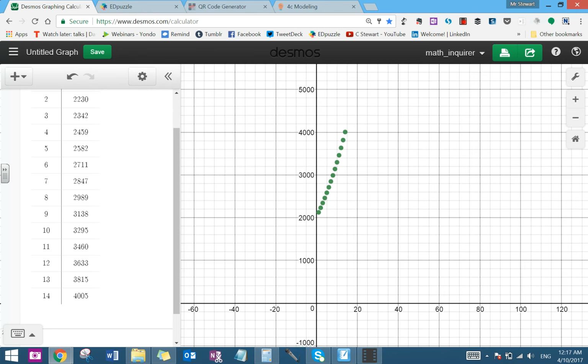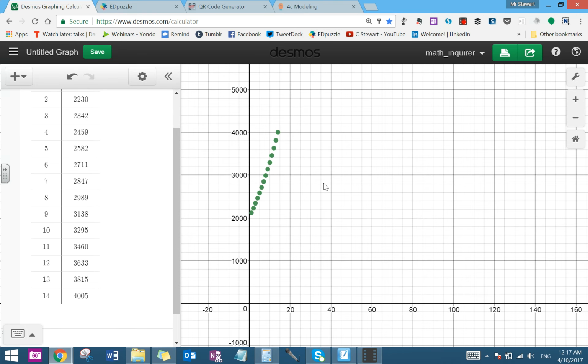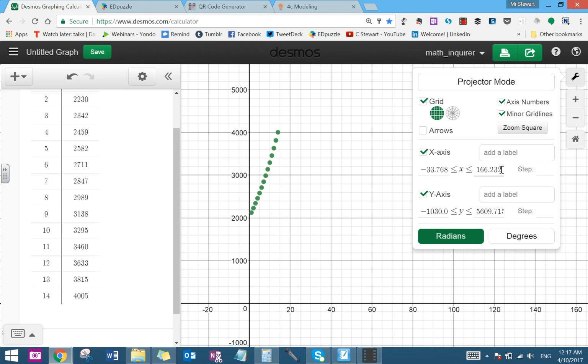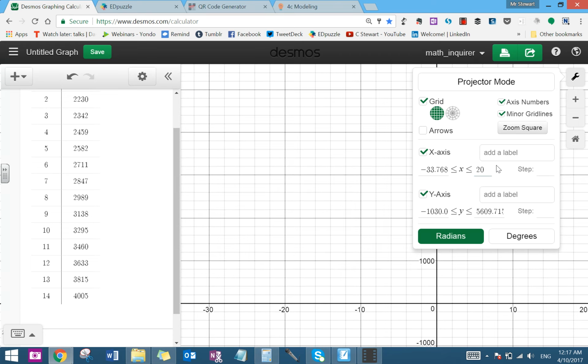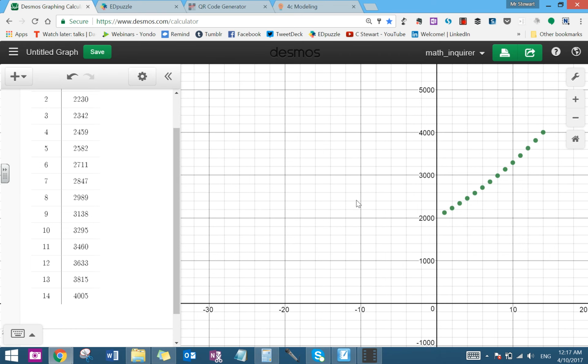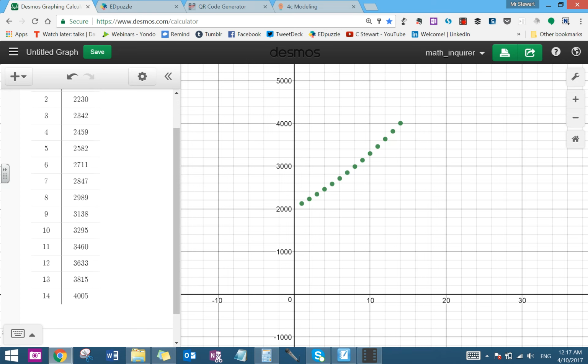And what you can see now is that 14 obviously is the largest x value. So even if we set that at 20, let's try that. Perfect, look at that. That's excellent.